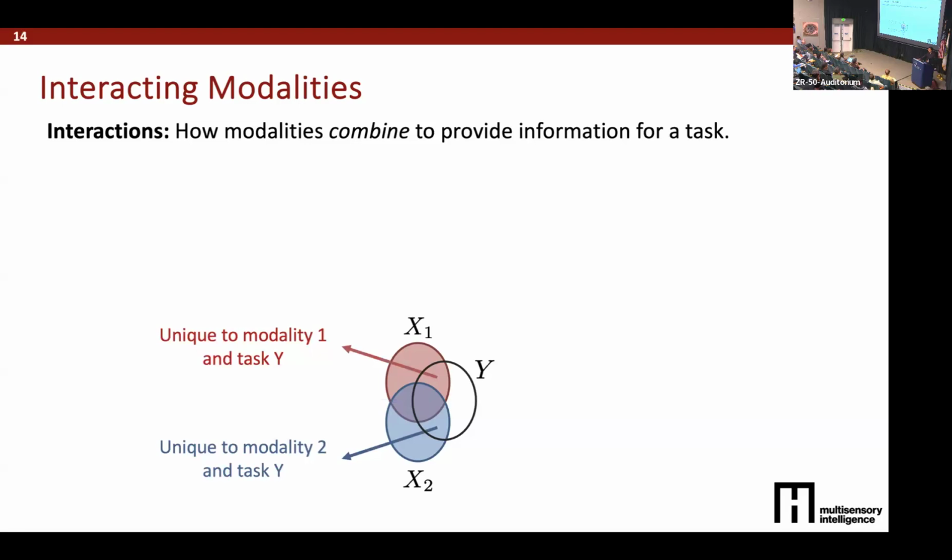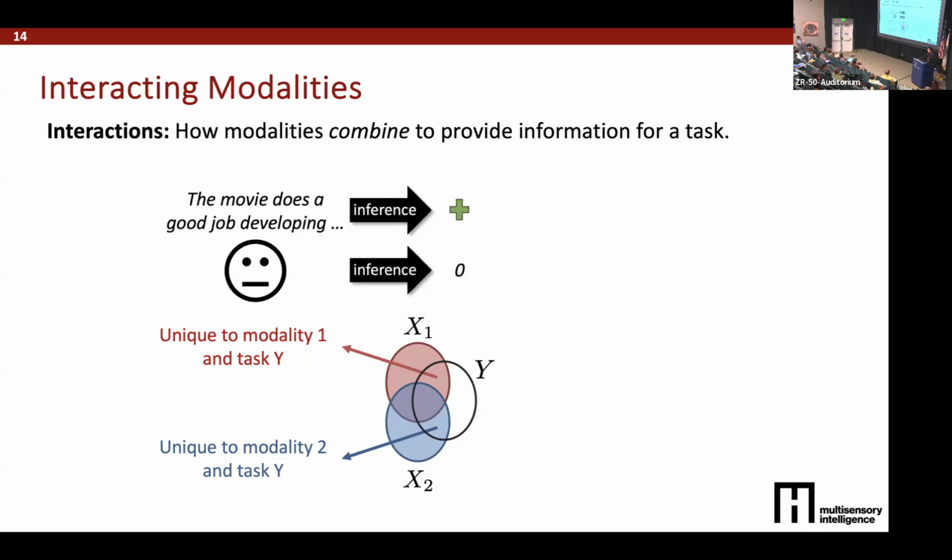Redundancy is in opposition to uniqueness. Uniqueness refers to the fact that one of the modalities has the right information that is unique to that modality, not present in the other. So most of the time we might say something like, the movie does a good job developing, slightly positive, with neutral facial expressions, not really expressing yourself in your face. And out of these, it is the unique information in language that has to be picked up by the model to make that prediction.